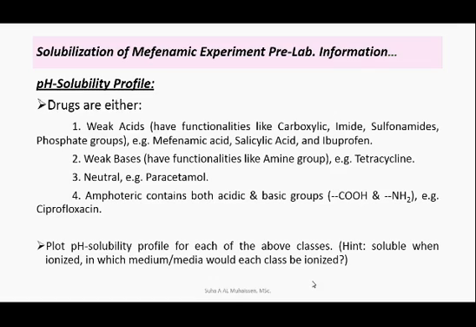Tetracycline is an example of this class. Other classes include neutral molecules. Paracetamol is an example of this class. Drugs may also be amphoteric in nature, containing both acidic and basic groups or functionalities. Ciprofloxacin is classified as an amphoteric molecule.